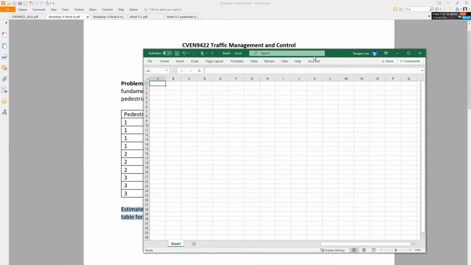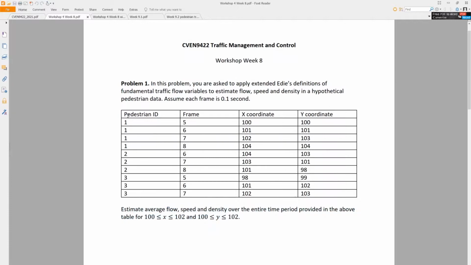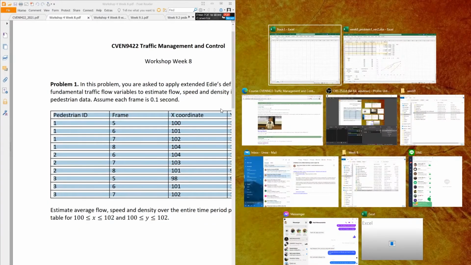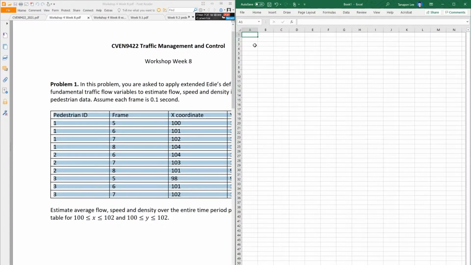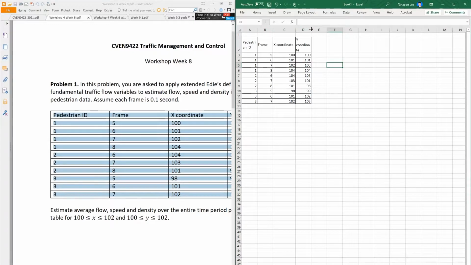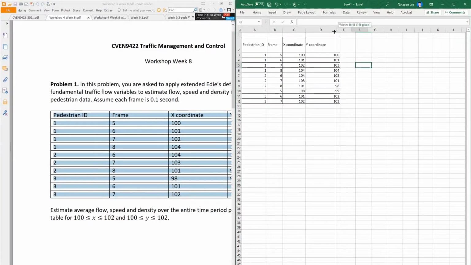Here, I'll just copy this table into Excel, like this. Something like that.